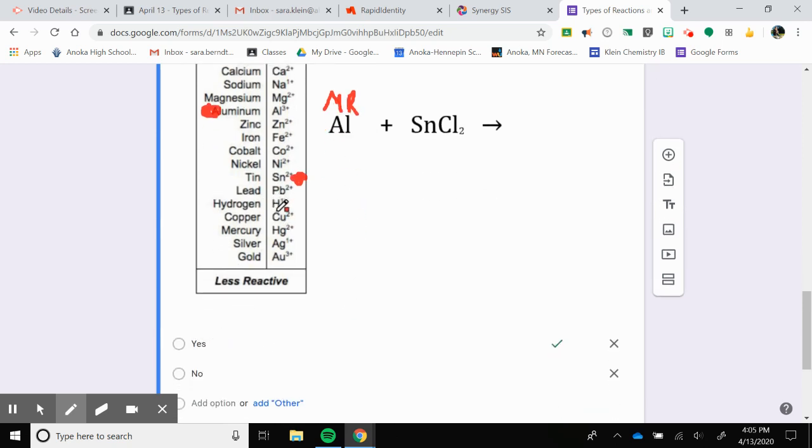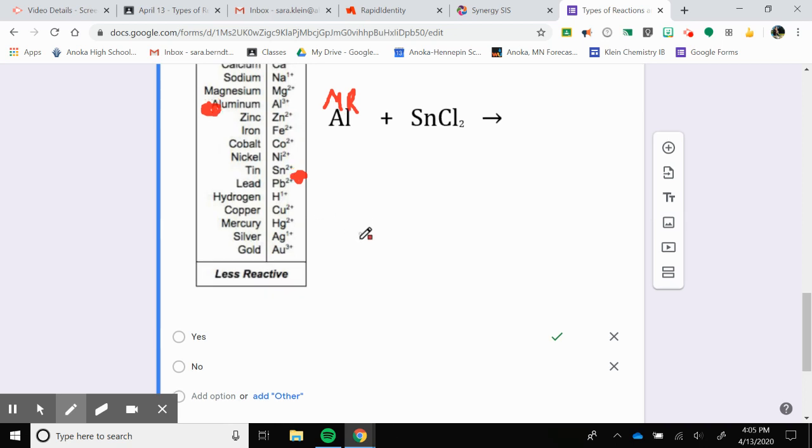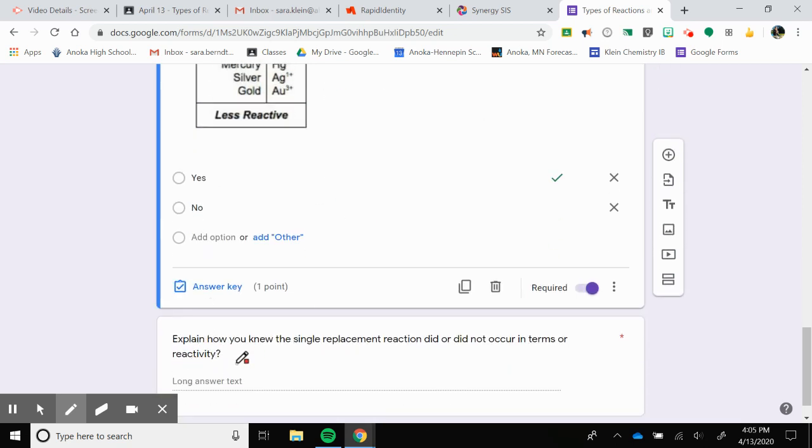How we walked through that to determine if it would occur is exactly what you would have explained for the problem on if you knew the reaction occurred or did not occur. So I would have put that aluminum was more reactive than Sn, and aluminum is not in the compound, so the reaction will occur.